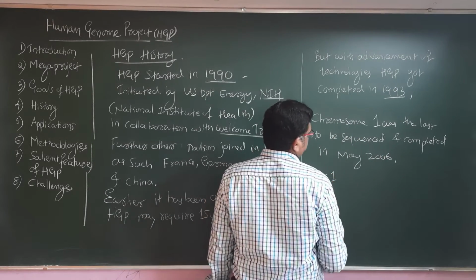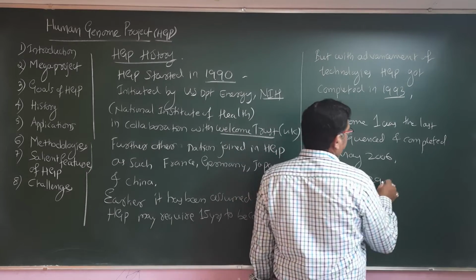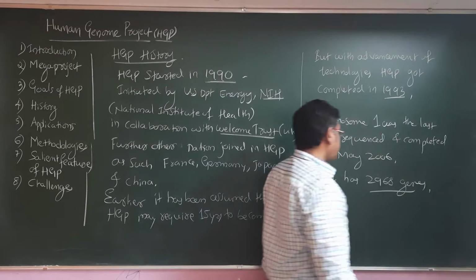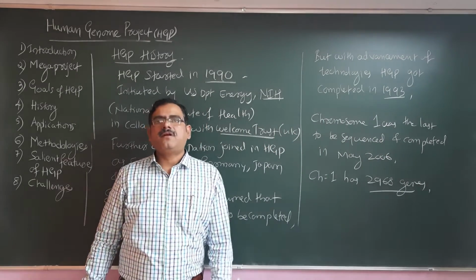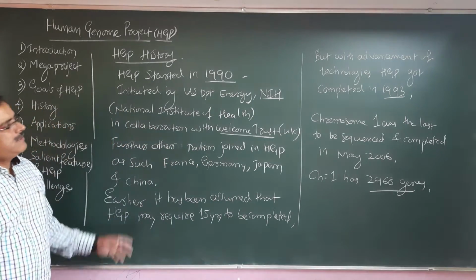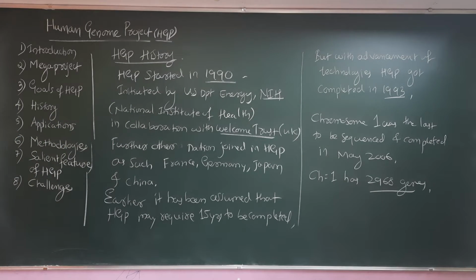Chromosome 1 has 2968 genes in it. That's why, having more genes, sequencing took a bit more time. So this is the brief history of the Human Genome Project.